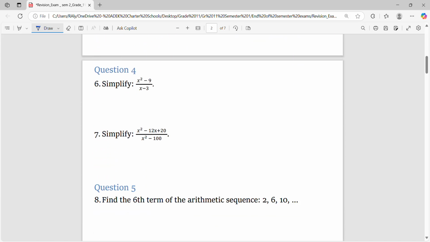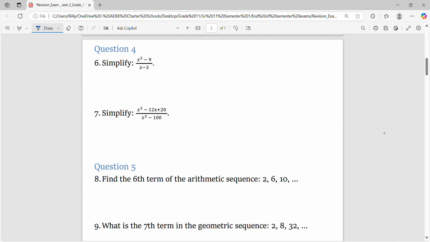Now go to question 4. Simplify x squared minus 9 over x minus 3. As I told you many times before, you have to know the technique of factorization. The denominator, no need to factorize, it's already factored. X squared minus 9 is a difference of two squares.